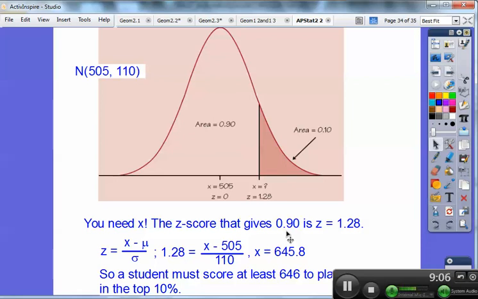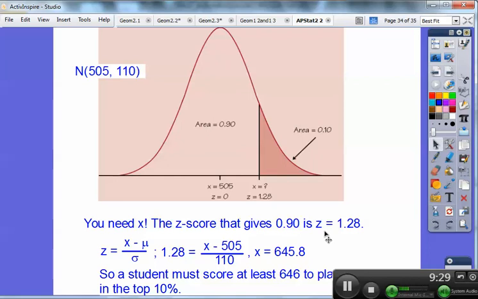Because it's 90%, this is my area, and this is my z. Which one gives me 0.90? A z-score of 1.28 gets me closest to 0.90. Go to 1.2 all the way over to 8, and it looks like 0.8997, so that's the one that's closest.